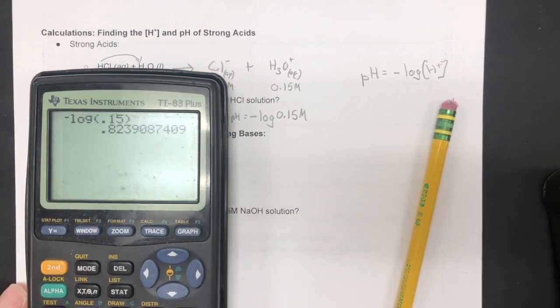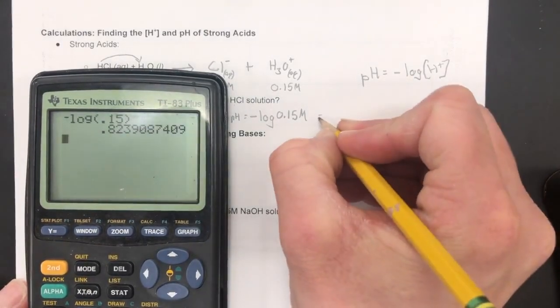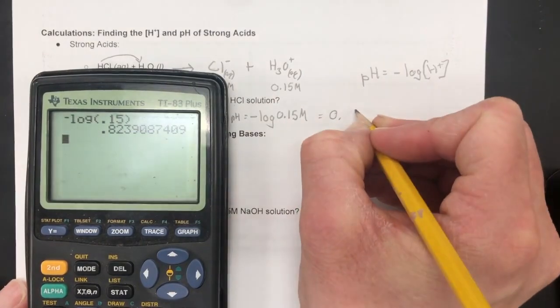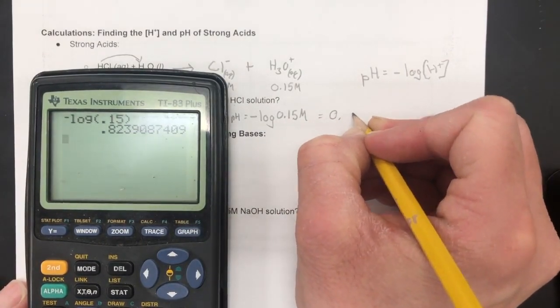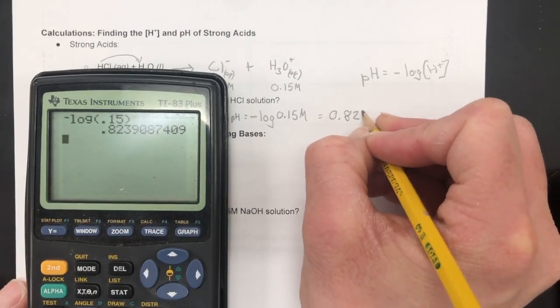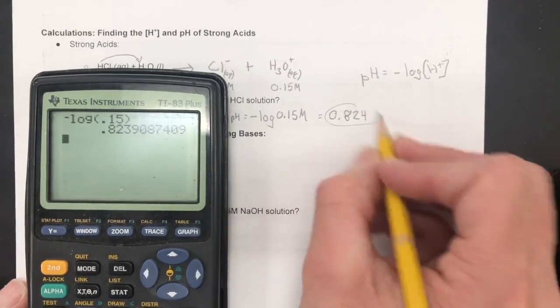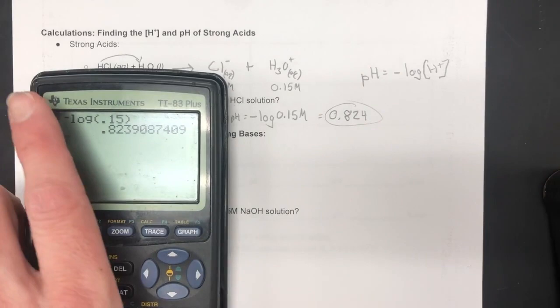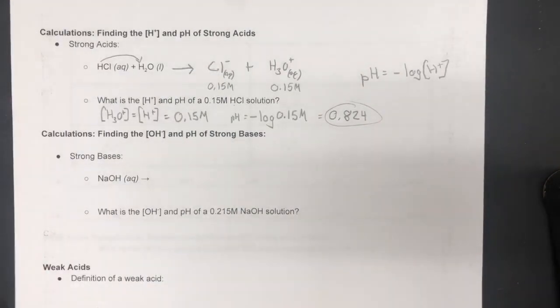That means the pH is 0.824, and I can round this to 0.824. pH does not have a unit, it's just the number.